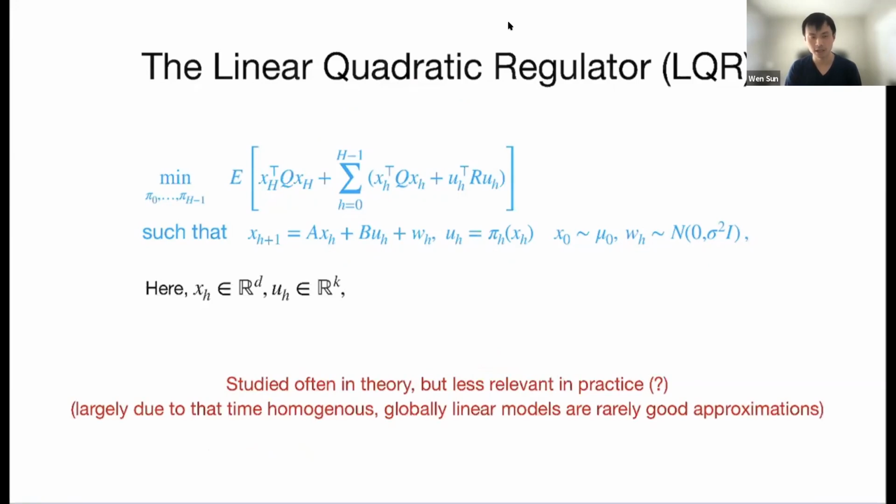Because it is unlikely that this time homogeneous globally linear model is a globally accurate approximation of my dynamics. Even the simple catapult example that we see, the f function is not linear, right? It's really hard for us to find a global linear model that can approximate a nonlinear model everywhere, right?